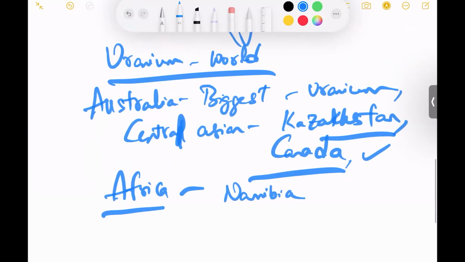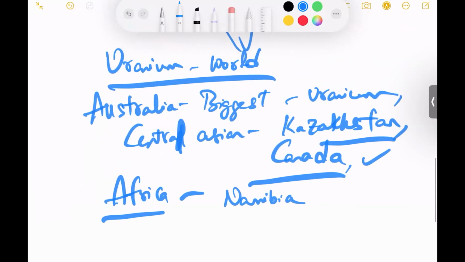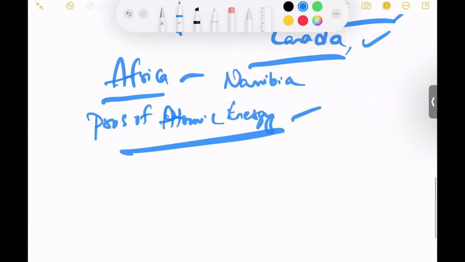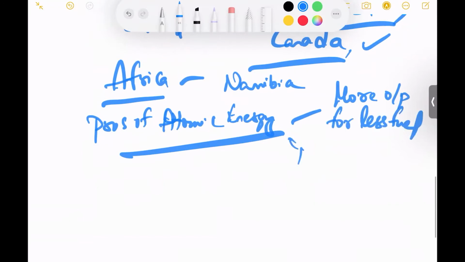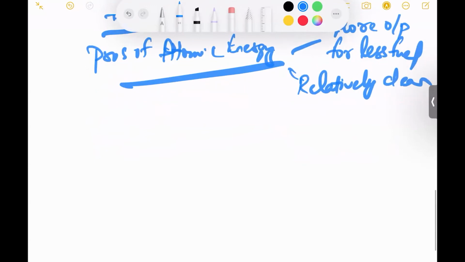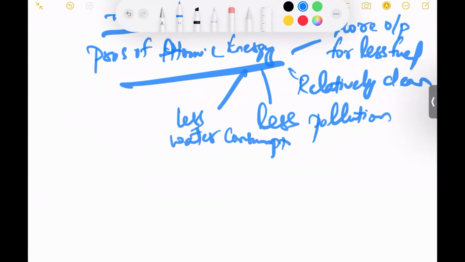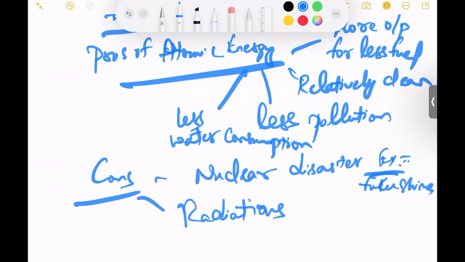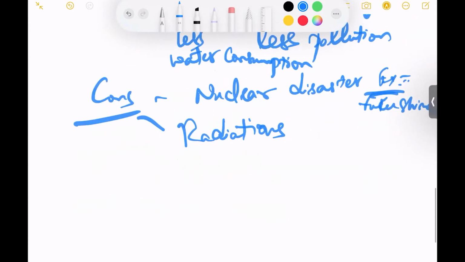And then you say the pros of atomic energy. What are the pros? More output for less fuel, relatively clean energy, less pollution, less water consumption. But what are the cons? Nuclear disasters, for example Fukushima, radiations, and finally disposal of nuclear waste.